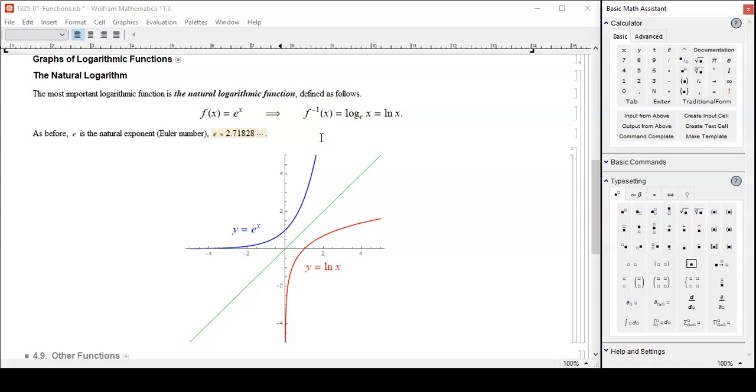And this is an irrational number with no apparent pattern. And in that case, y equals e to the x power is like this. And then right here we have a tangent line, and that has slope 1. And then we have its inverse function. And right here at (1, 0) on the x-axis, we have a tangent line, and that too has slope 1.